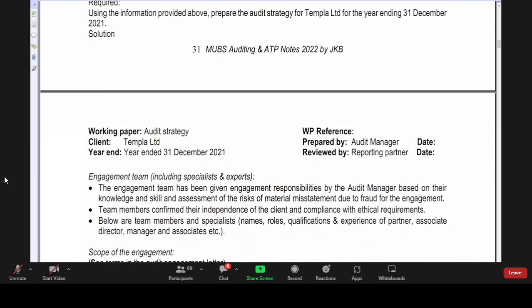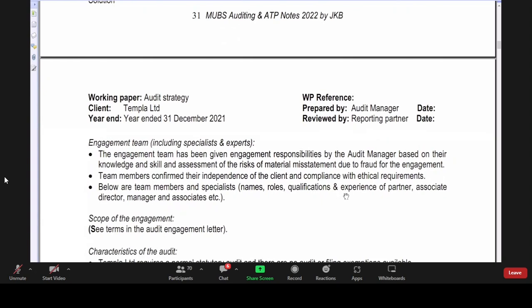Okay, so now you indicate the names of the members that you are taking, their roles, what they are going to look at, their qualifications, the experience of the audit partner, the associate, the director, the managers, then the audit senior, audit assistants, who they call associates. Then also, if it's important to have an expert, you bring them onto the team. So basically, you're laying out your audit team or your engagement team.